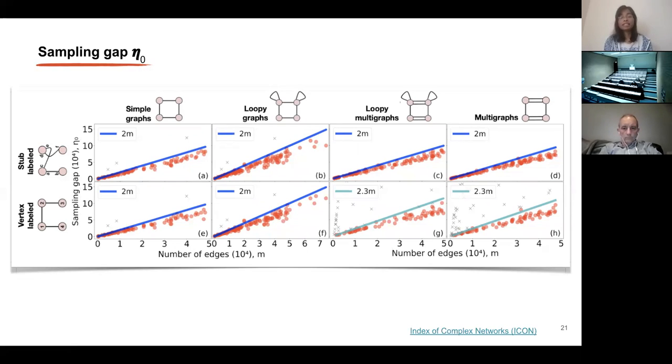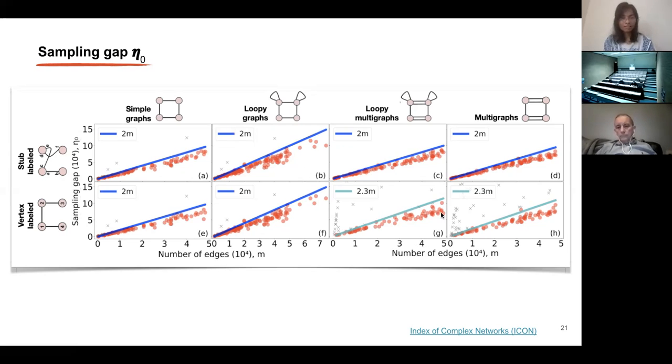And here we see that for most networks, denoted by red dots, there is a very strong linear pattern between the number of edges and the sampling gap obtained. It's so strong that we can almost propose an upper bound of 2m for 6 of the graph spaces, while an upper bound of 2.3m for the remaining 2 graph spaces where we allow multi-edges and the networks are vertex labeled.